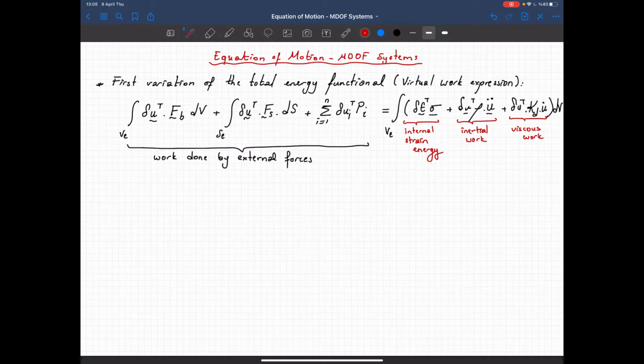So for the most general case, we can write the energy equation as follows. The first variation of the energy equation. So in this equation, let's write it this way. Rho represents the material density. Kd represents the material damping.